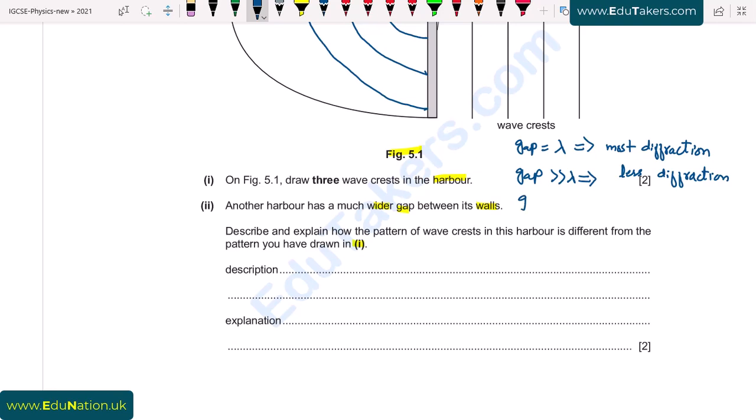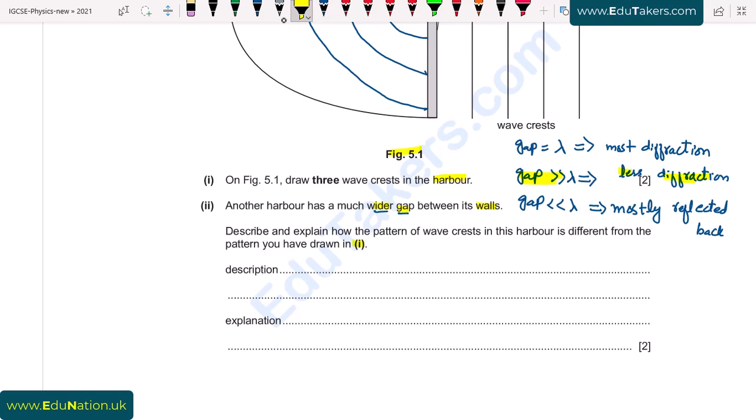Third case is that when the gap is much smaller than the wavelength of the incident wave, then most of the wave is reflected back. So in this question, wider gap means that the gap is larger compared to the wavelength, and then there will be less diffraction or no diffraction.